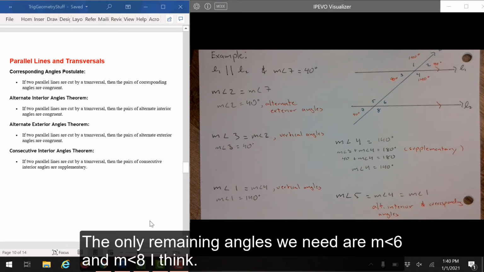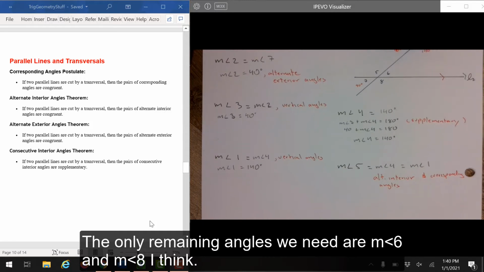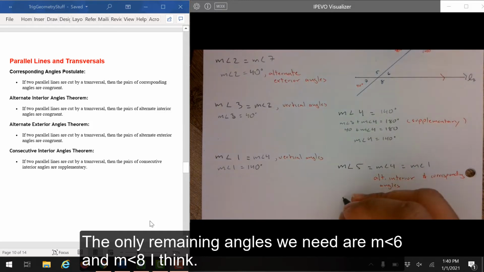The only remaining angles we need are the measure of angle 6 and the measure of angle 8.